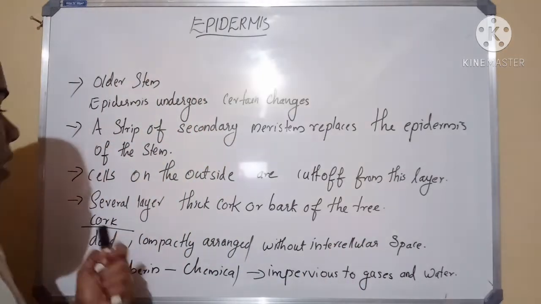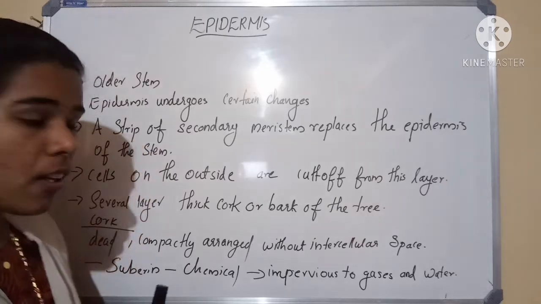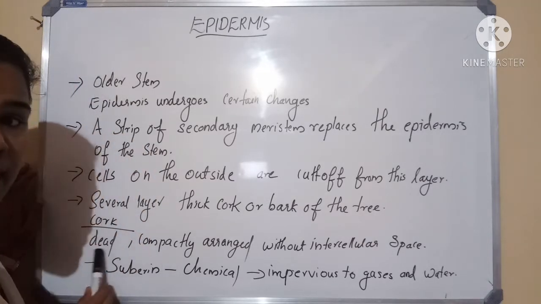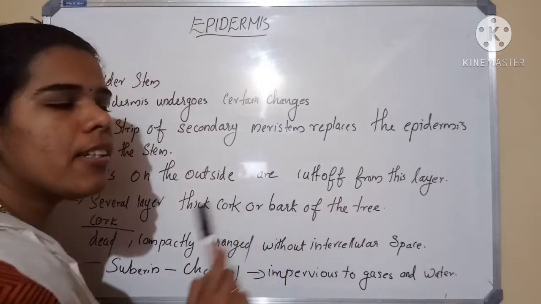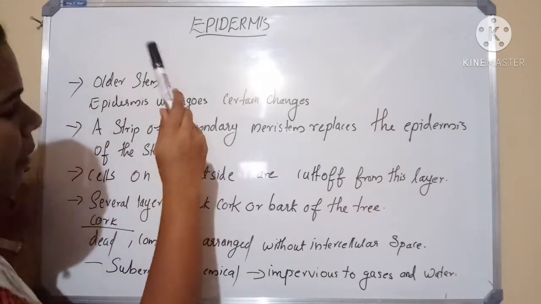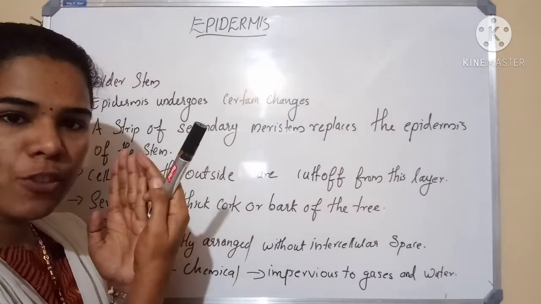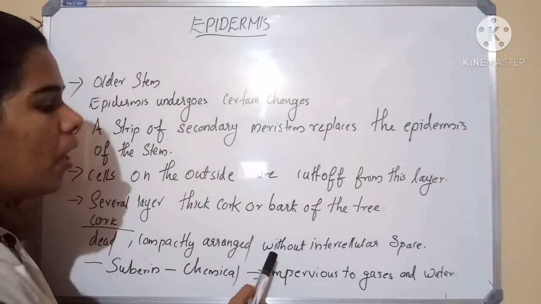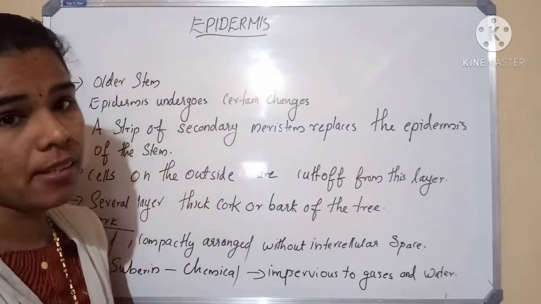This is the cork, which means they are dead cells. Cork cells are dead cells, compactly arranged without intercellular space. It is very important. Like our epidermis, they are compactly arranged. Compactly means packed, without intercellular space, there is no space at all.